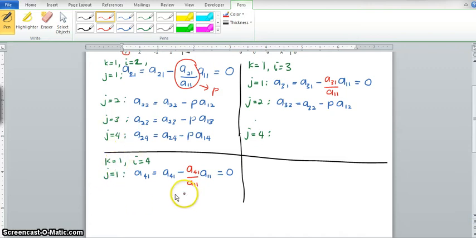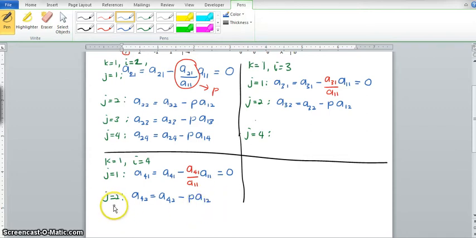By using the same P, we can get other elements in row 4. So for j equals to 2, we will get A42 equals to A42 minus P times A12.